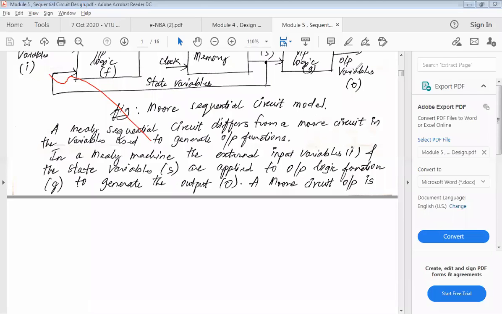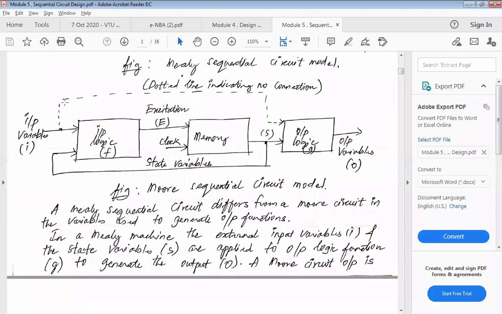So the only thing you can remember is that in sequential machines, as I mentioned, there is no connection between the input variables and the output logic in Moore, but in Mealy there is a connection.